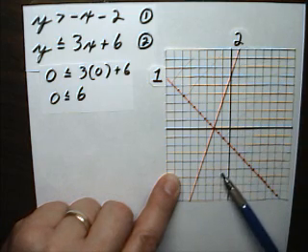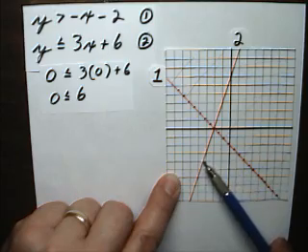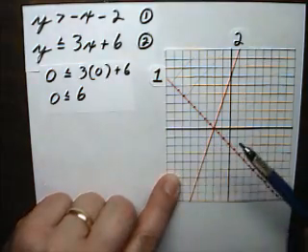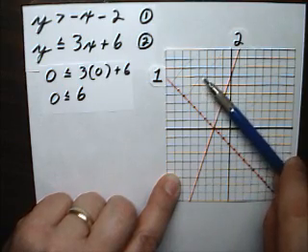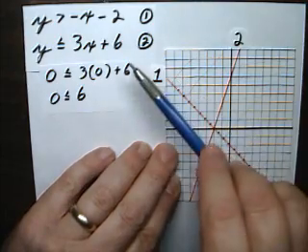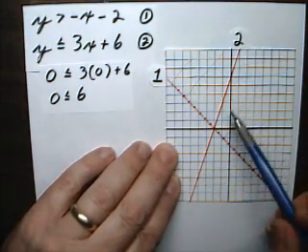So down here, the shading was just for this inequality, and that's not part of the solution of the system. It's got to satisfy both. Up here, the shading was just for inequality 1, and that's not a solution of the system.